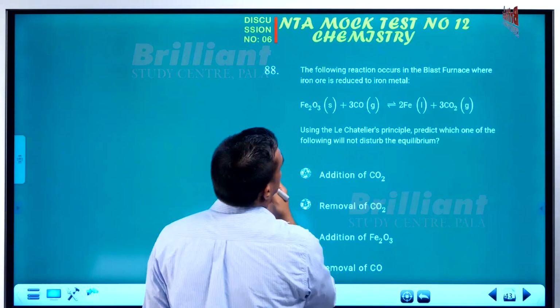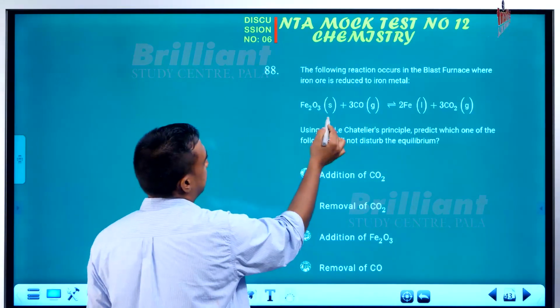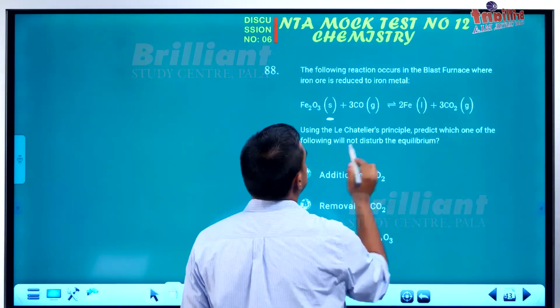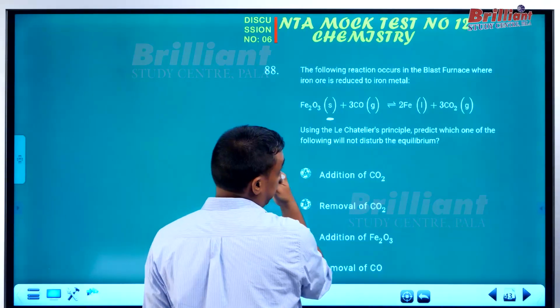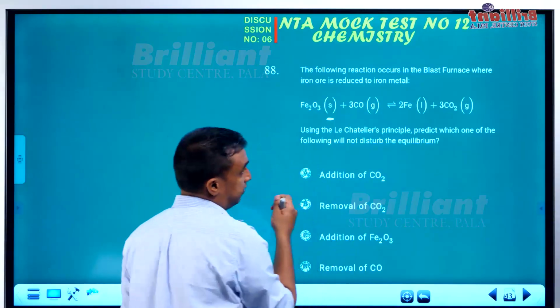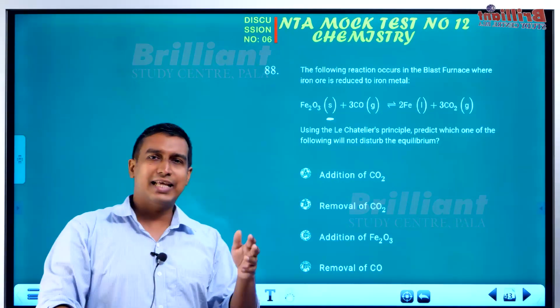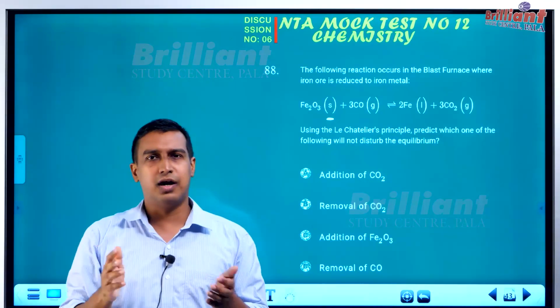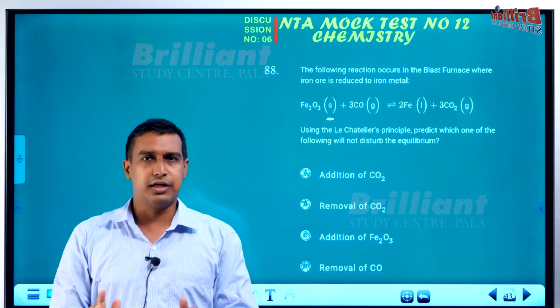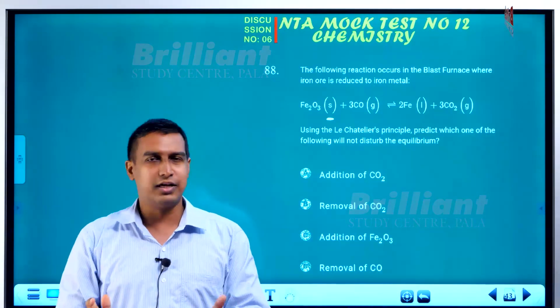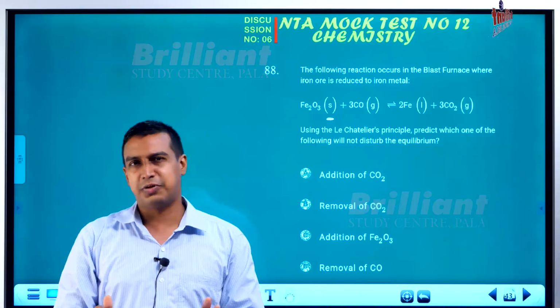Coming to the next question. The following reaction occurs in a blast furnace: Fe2O3 solid, carbon monoxide gas, iron in liquid, CO2 gas. Using Le-Chatelier principle, predict which one of the following will not disturb the equilibrium. Now, addition of CO2. Please know, when we change gases, we get a sudden drastic change. With solids and liquids, changing the concentration is not a big issue, because they do not have much effect on pressure and volume.